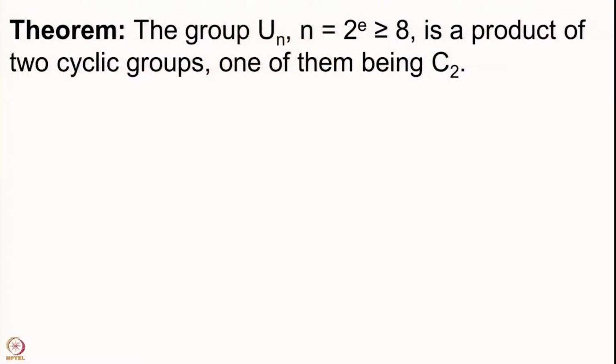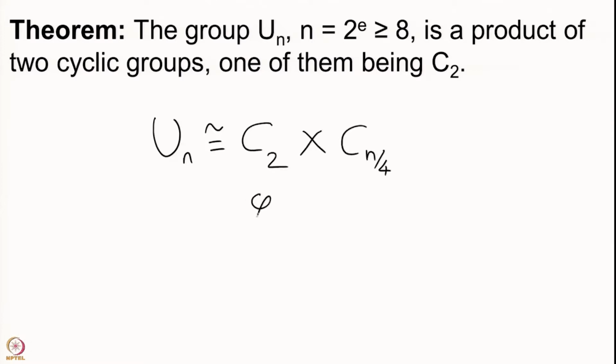But before we do that, we will need to do one small result regarding integers, and let me state the result that we are going to prove. The group U_n, n equal to 2^e bigger than or equal to 8, is a product of 2 cyclic groups, one of them being C_2. So, U_n is isomorphic to C_2 cross C_{n/4}.